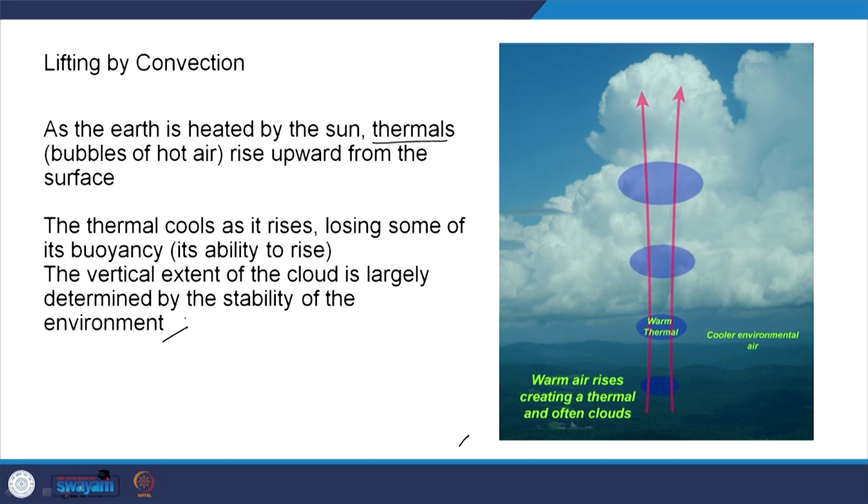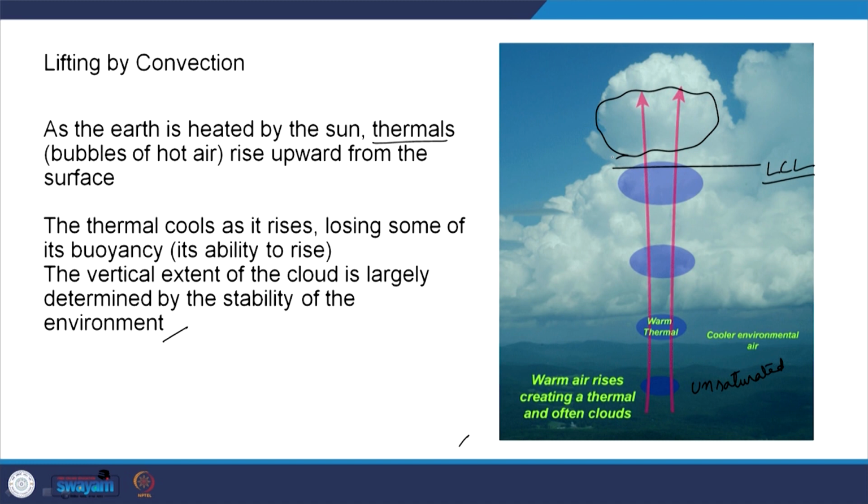Now, again as it rises, what happens? We have seen already, at some point, let us say if it strikes LCL, that means if it becomes saturated. At this point of time, this is not saturated, this is an unsaturated air parcel. So, there is moisture, but it is not saturated. When it reaches LCL, suddenly it becomes saturated and it may result in the formation of a cloud, right.